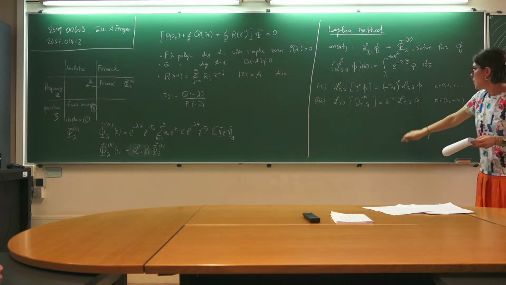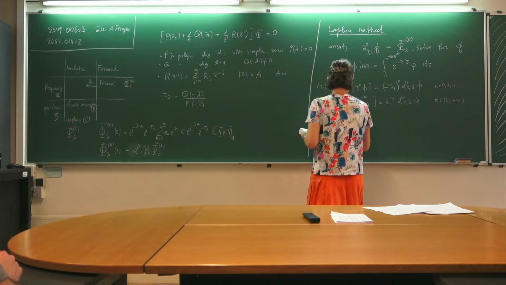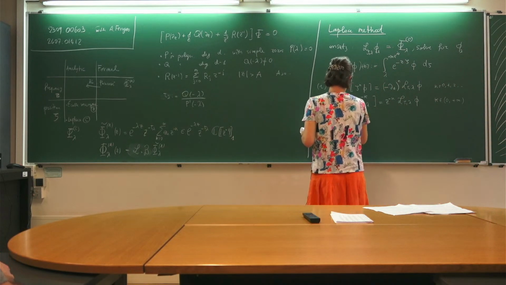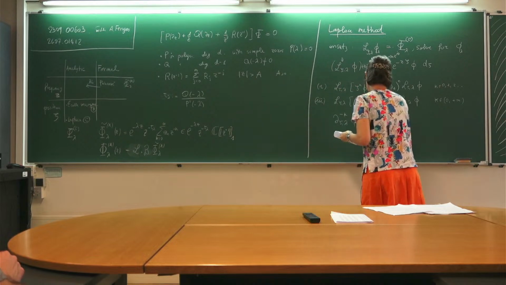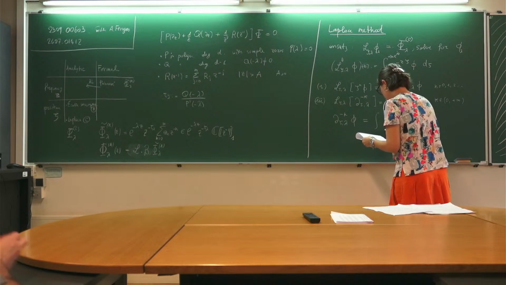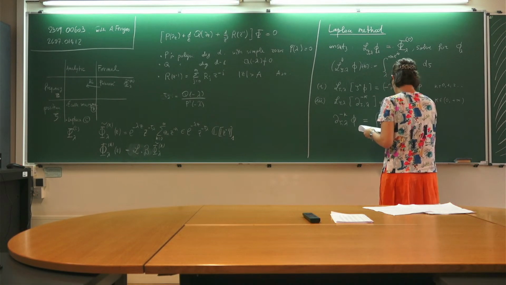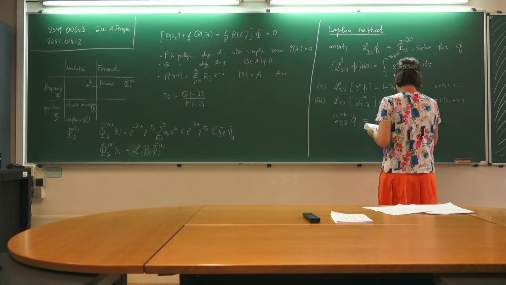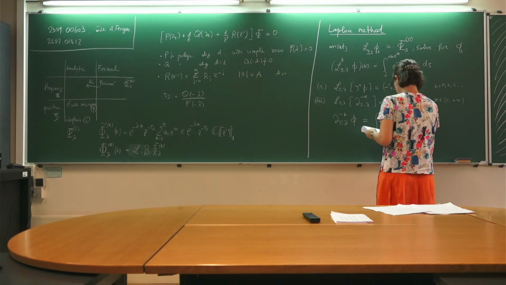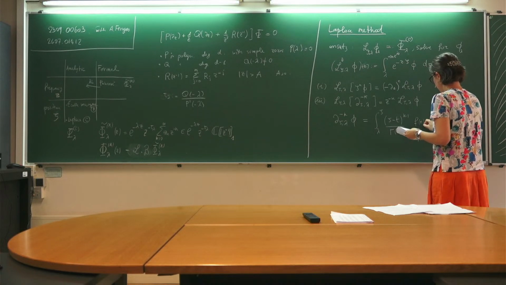Let me also remind how this operator was defined. The fractional integral of order minus k of phi is an integral transform, from lambda to zeta, where the kernel of this operator is zeta minus t to the k minus 1 divided by gamma of k, times f of t.